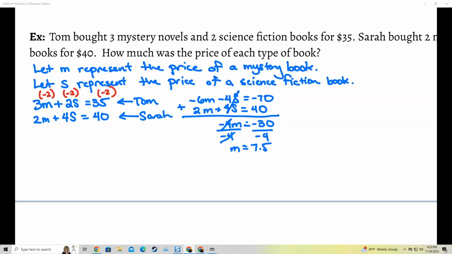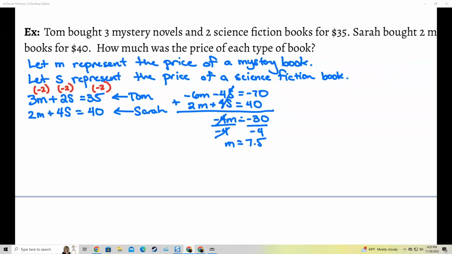Does that mean she bought 7.5 mystery books? Nope, because remember that M represented the price of a mystery book. So that would be $7.5. But nobody speaks like that, so that would be $7.50. Okay, that's the first part. Now I have the first half of my answer. I'm going to take that 7.5 for M. I'm going to replace it anywhere I want. As long as I replace it for the M, I'll replace it on the first one.